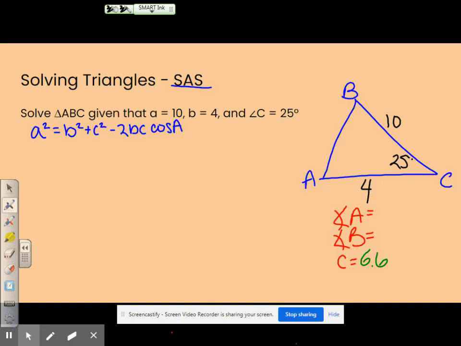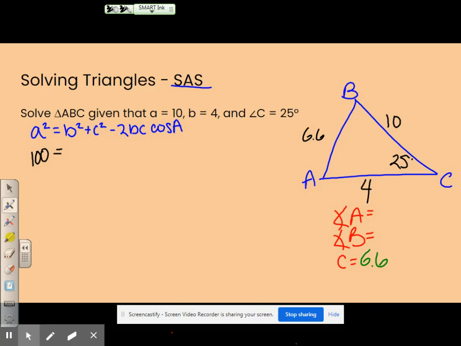All right. And now I know the side value of B. I know the side value of C. That's 6.6 that we just found. I know everything except for the value of A, which tells me that we are in a good spot because I should only ever have one variable when working with the law of cosines. Otherwise, we'll never be able to solve anything. So let's plug in some values. I know that the value of A is 10. 10 squared is 100.